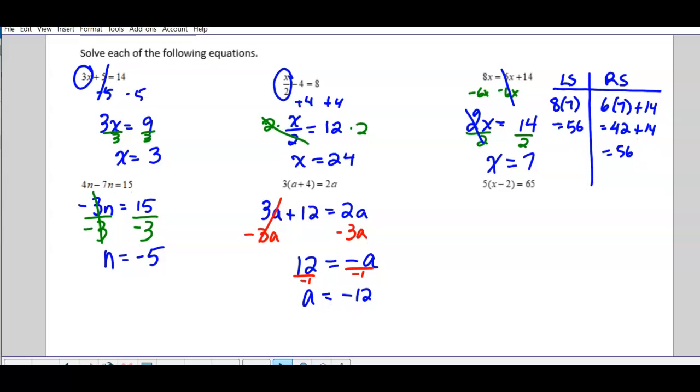So next one. Again, I'm going to expand the brackets, but I'm also going to show it to you the other way as well. In this example, if I expand the brackets, then I only have one term with x in it. So circle that, add 10 to both sides.